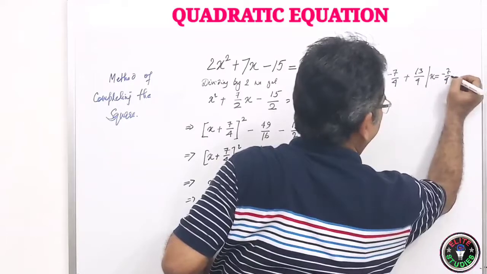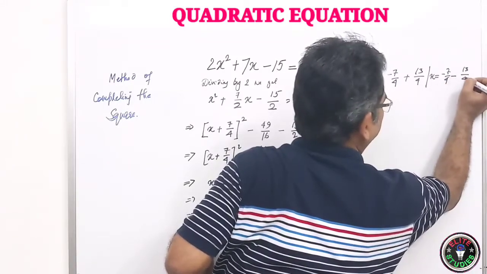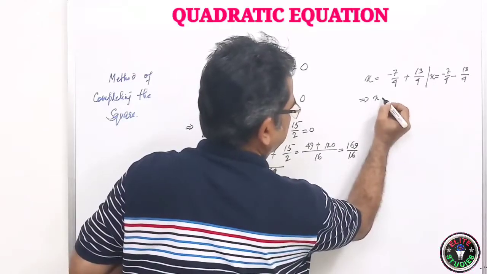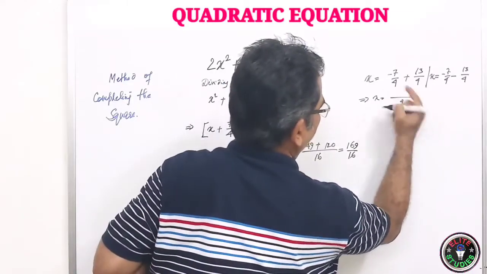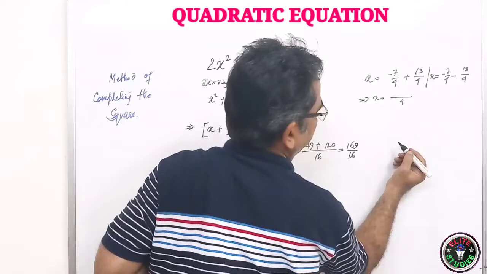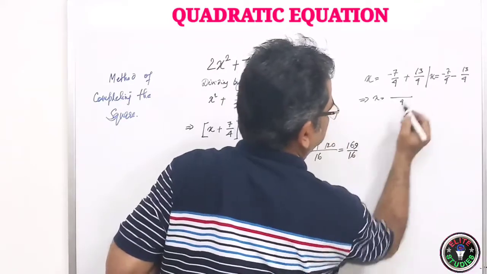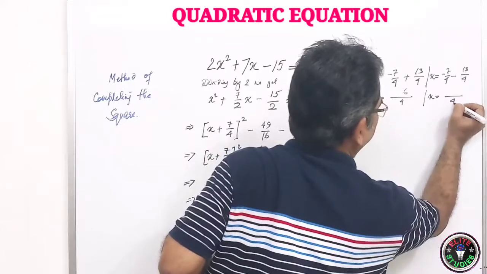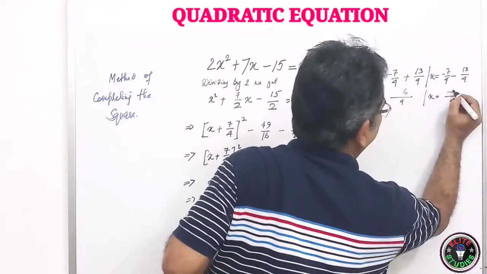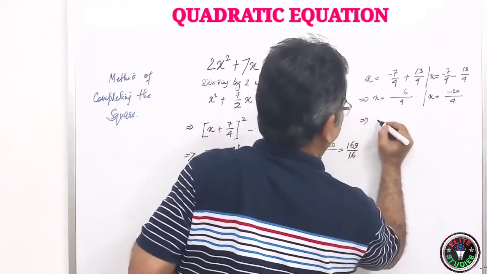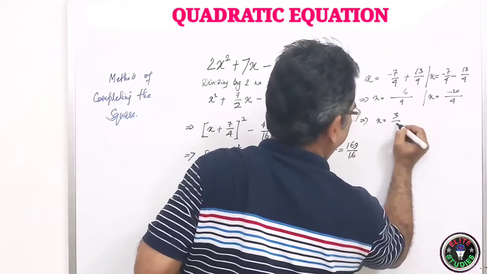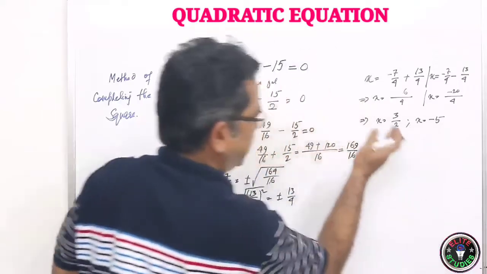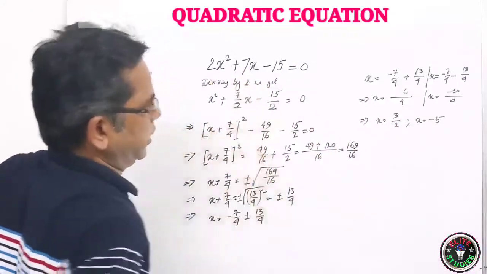So it implies x is equal to, LCM is 4, 13 minus 7 is 6, and here x is equal to minus 7 minus 13, it is minus 20 by 4. So x is equal to 3 by 2 and x is equal to minus 5. It is the same answer that we got earlier.